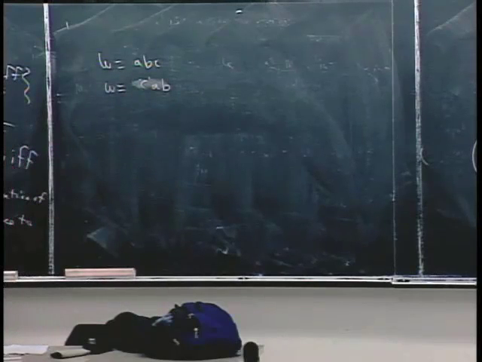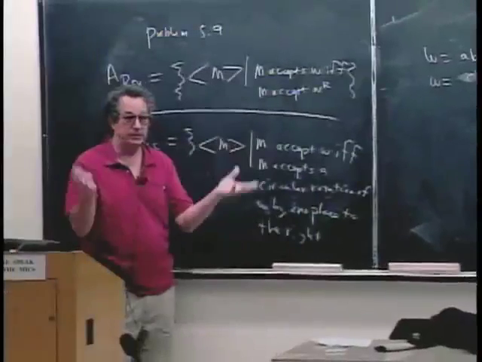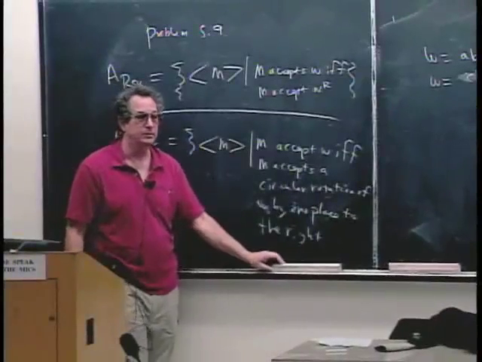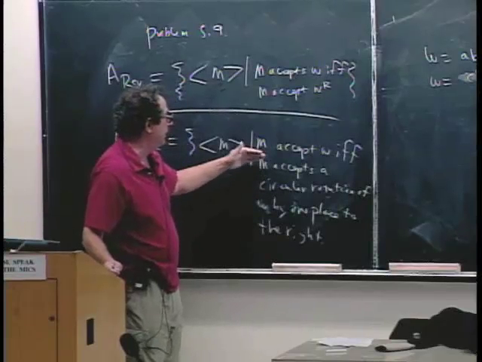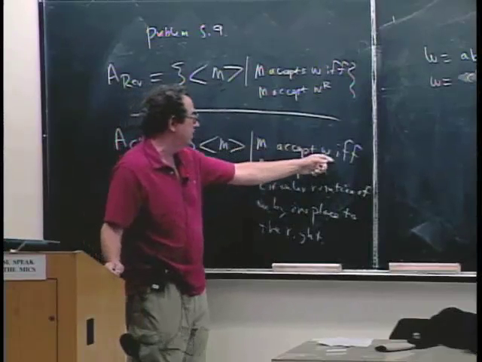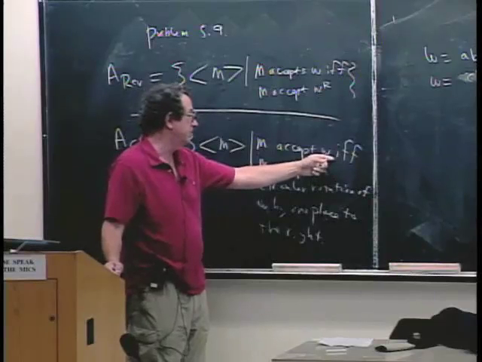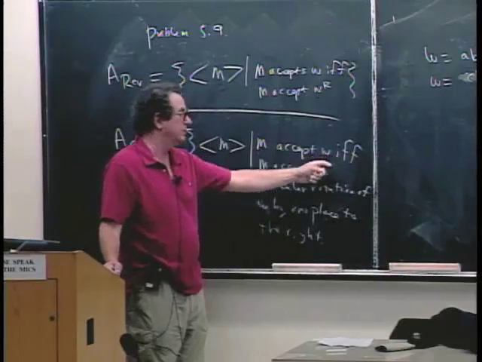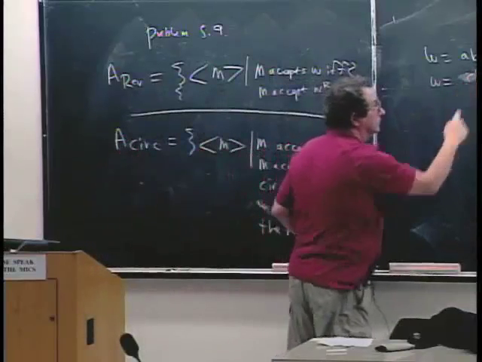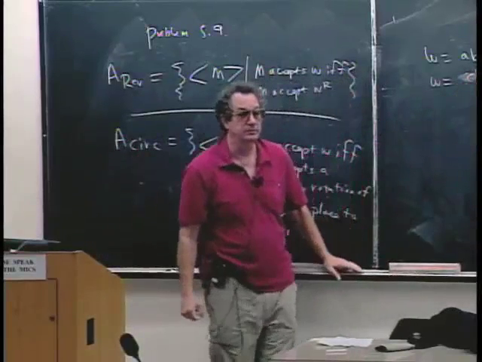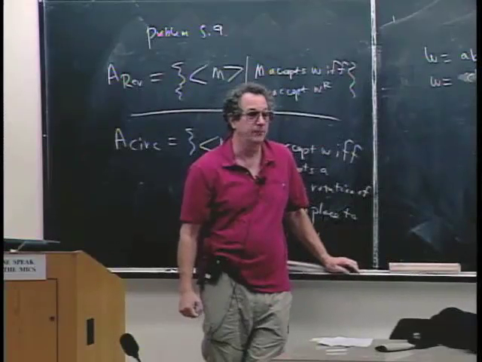Okay? So you can have Turing machines that accept a particular language. The Turing machine recognizes a particular language. And it happens to be that whenever a string W is in that language, so is the string which is one circular rotation from that W. Okay?